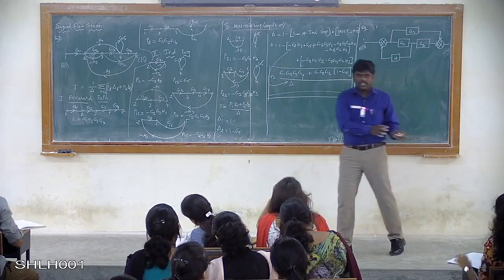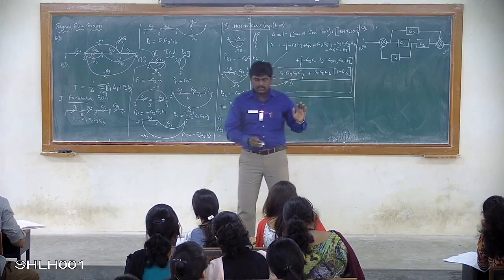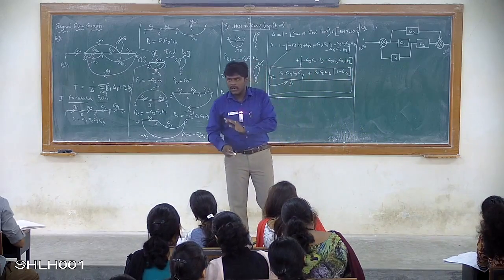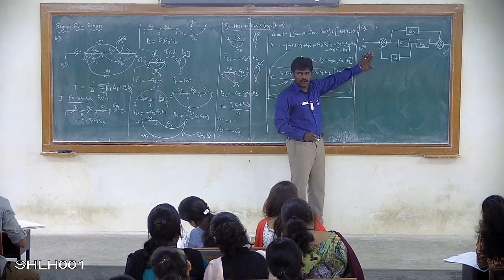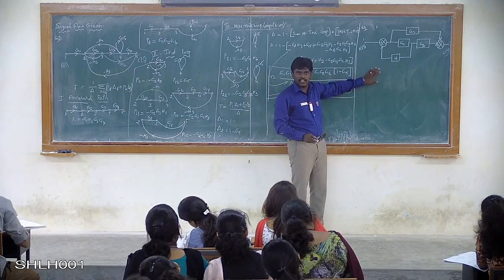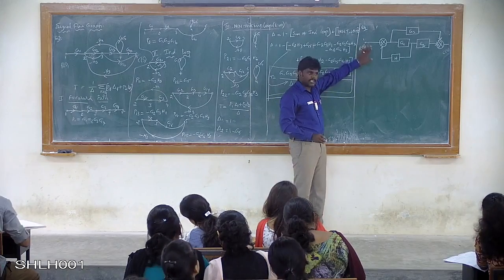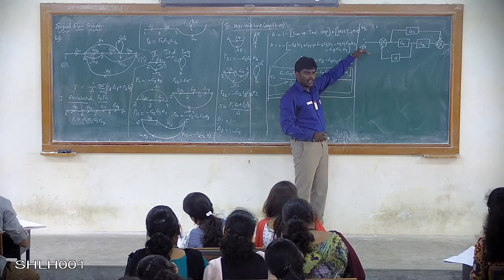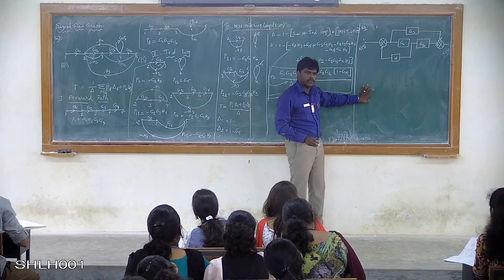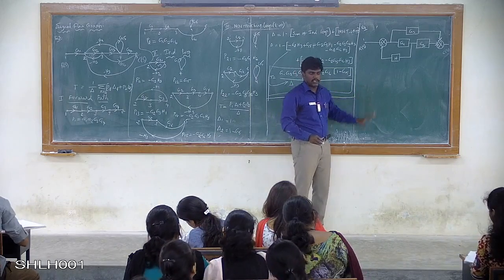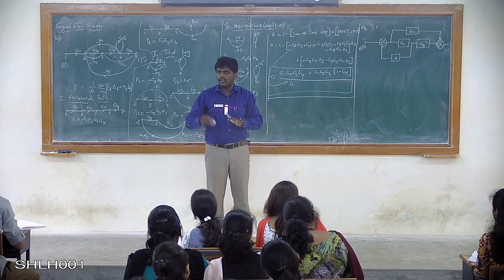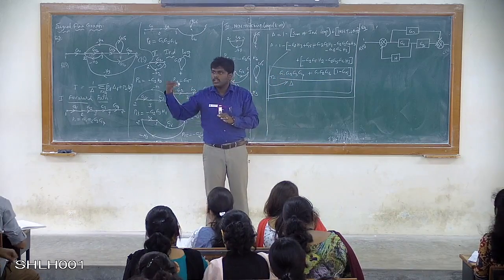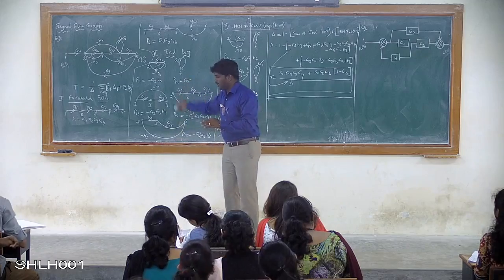There is a method to find the overall transfer function in block diagram reduction itself. We will also be seeing it in the coming lectures. There is a method which reduces these blocks and we will be able to get the overall transfer function. But here the problem asks to convert the block diagram into a signal flow graph. Then you have been asked to use Mason's gain formula like this, right?